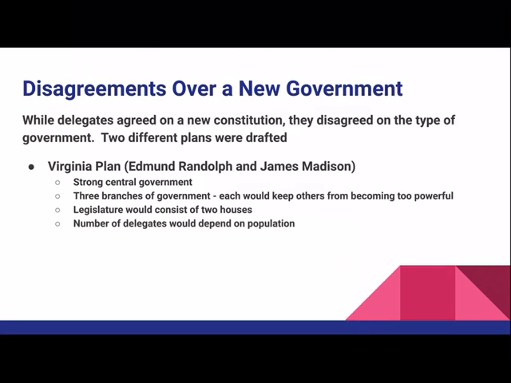Well, if Virginia has 100 people, they get 4 delegates, right? Because 100 divided by 25 is 4. Okay. Well, if New Jersey or Delaware only has 50 people, they only get 2 delegates, right? Because 50 divided by 25 is 2, okay?